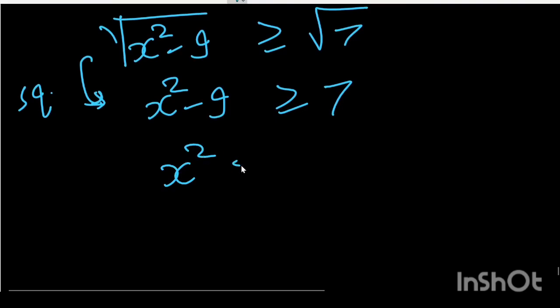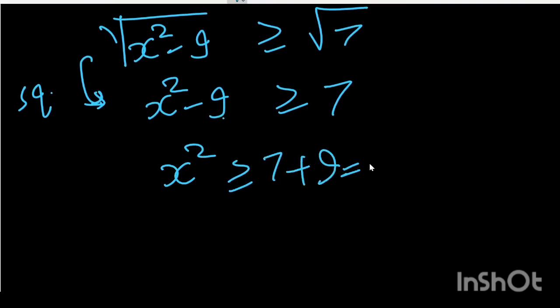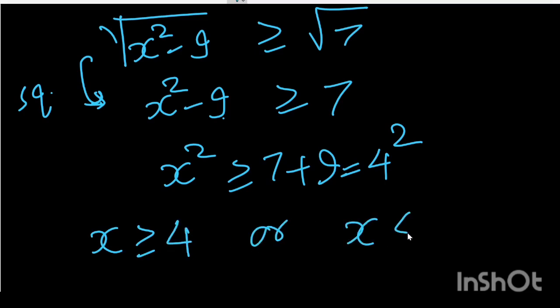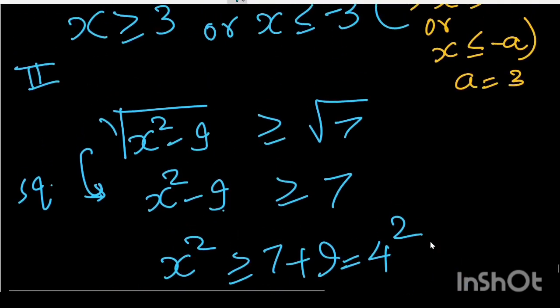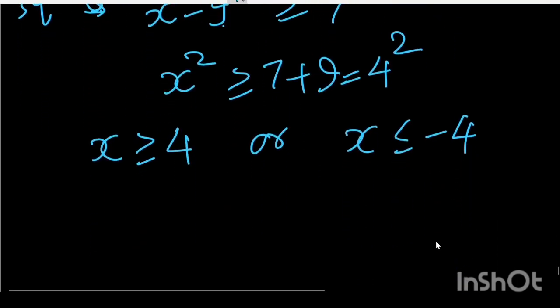So x square greater than equal to 7 plus 9, which is 16, which is 4 square. So again, using the x square greater than a square formula, x greater than equal to 4 or x less than equal to minus 4 we will get as the answer. So this is what we got after solving it.